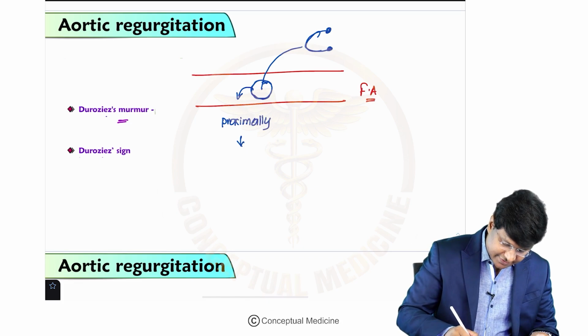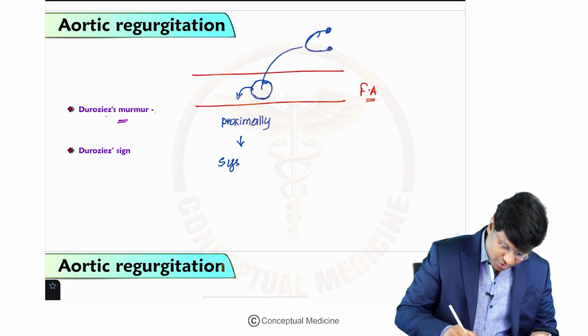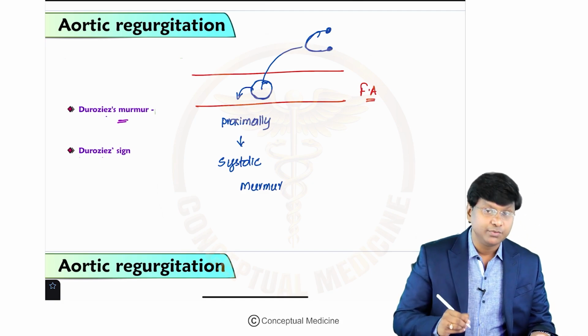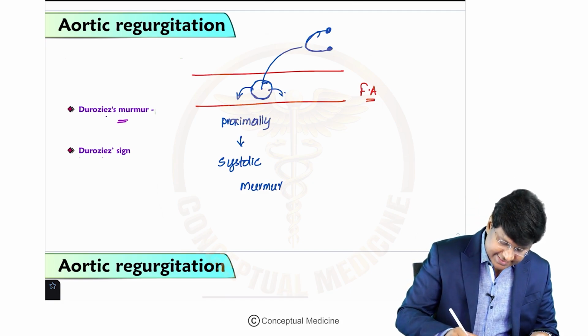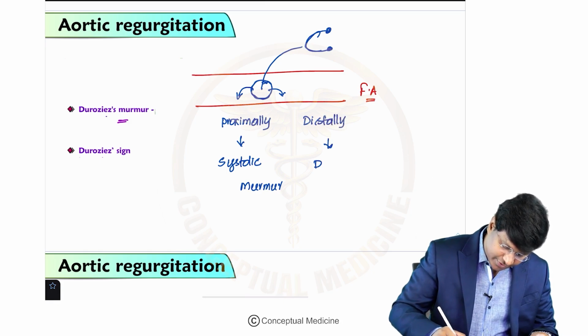Once you compress the femoral artery proximally, the murmur that you listen to is the systolic murmur. And once you compress the femoral artery distally, then what you will listen to is the diastolic murmur.